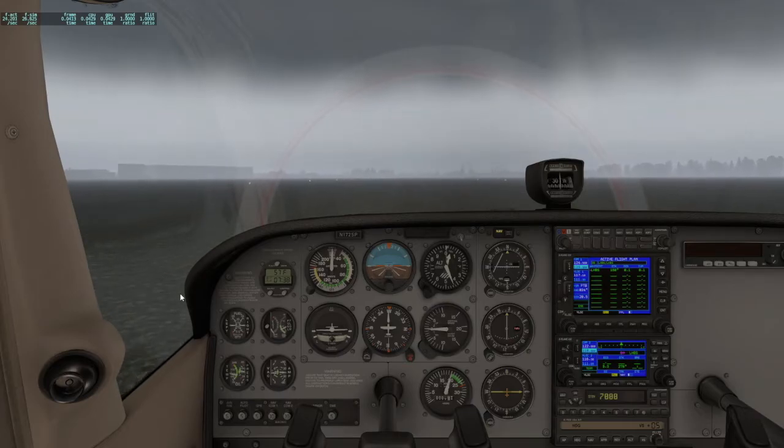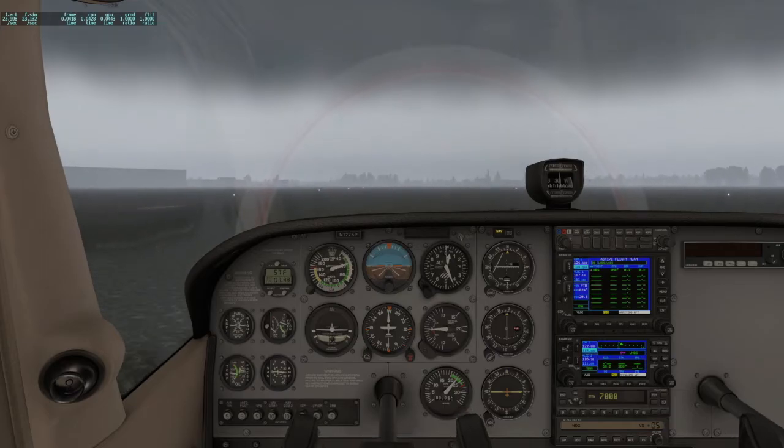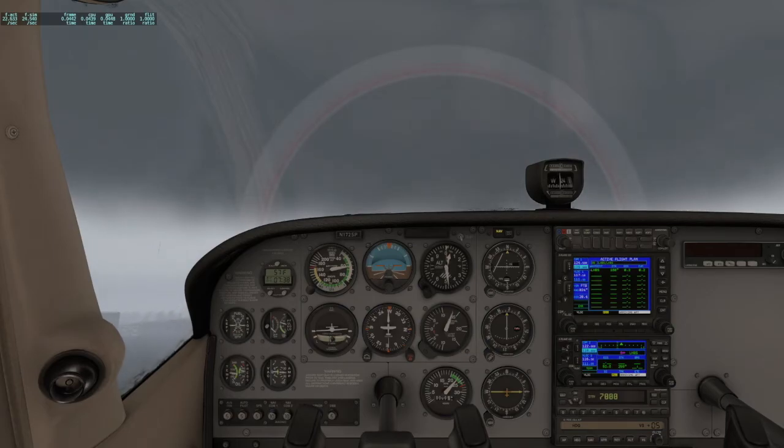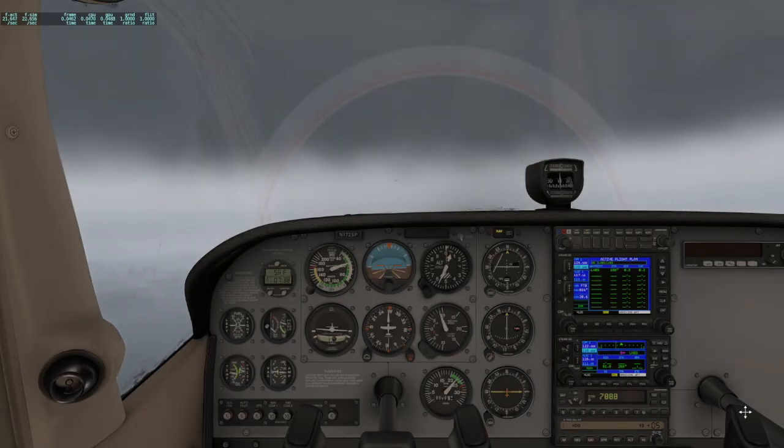Alright, advancing the throttle with a little bit of right rudder to maintain our direction, or heading. And when we get to 60, we pull on the stick a little and establish a positive climb. And at that point, I'm going to turn on the autopilot, as you can see.